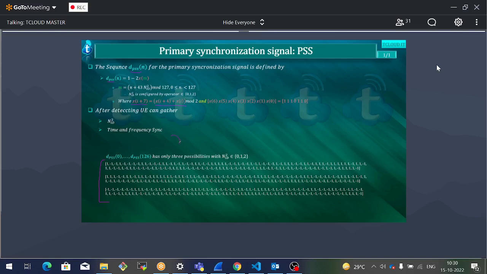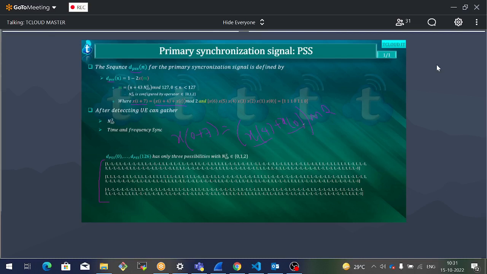That means if you want to find X of 7, you have to define that as X of 0 plus 7, which turns out to be X of i plus 4, that is X of 4, plus X of i, which is X of 0, modulo 2, because i is presently 0.